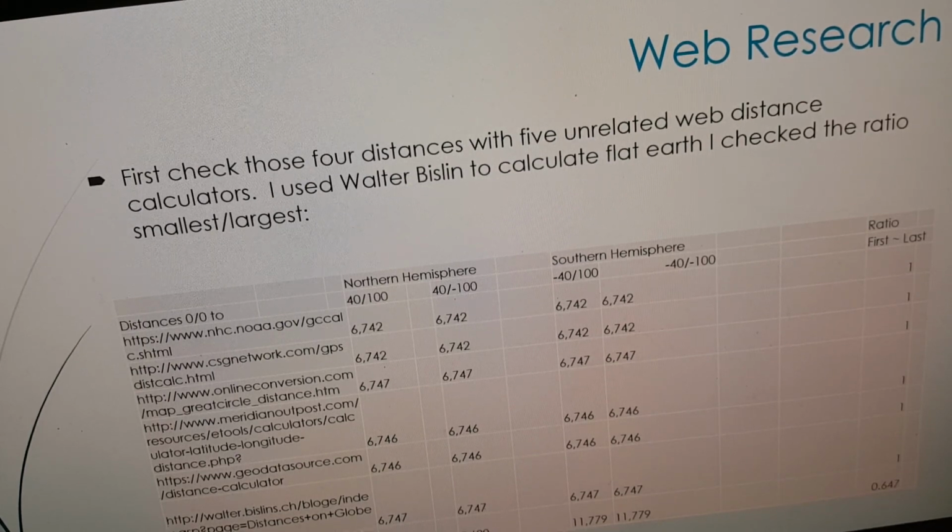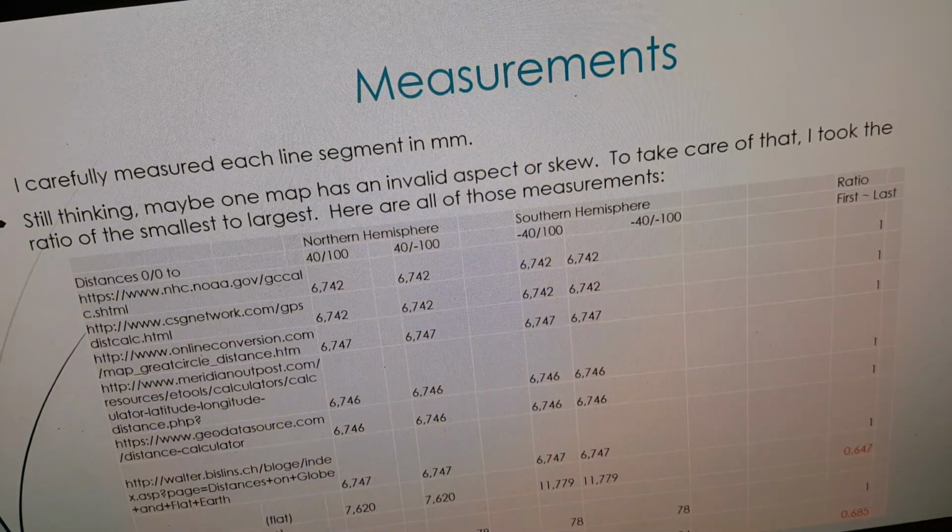So that's why I did the ratio, to divide out that aspect. Again, here are my 20 measurements from web calculators.